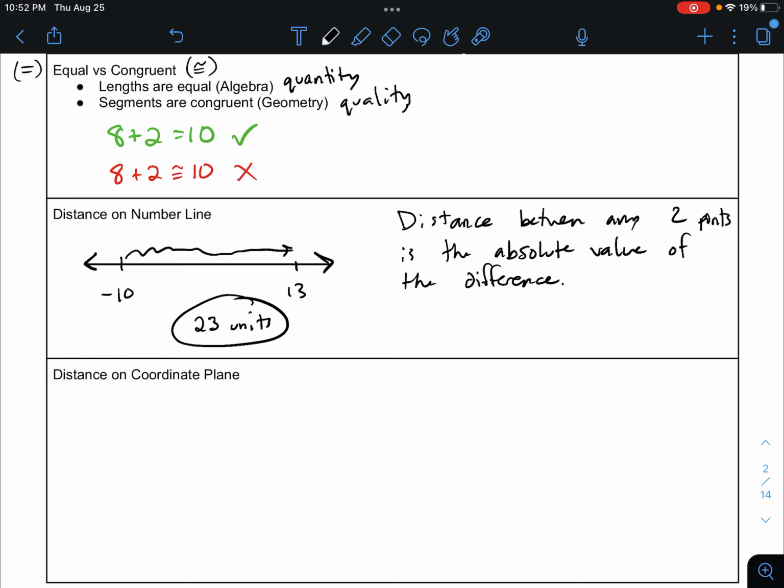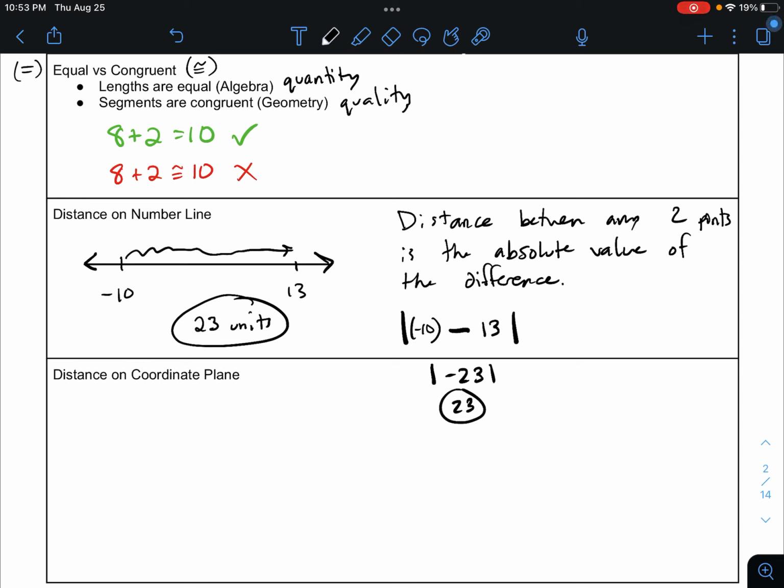Okay, so if I have 2 points, let's say -10 and 13, I'm going to take the absolute value of the difference, right? So one of my numbers goes in front. Let's put the -10 out in front, and the other number, 13, goes behind. All right, so if I have the absolute value of -10 minus 13, this would be the absolute value of -23, which is just 23.